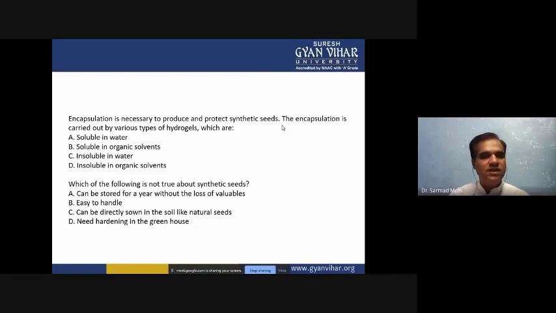Again, you have to select any correct answer. The next question: which of the following is not true about synthetic seeds? Option A, can be stored for a year without loss of viability. Option B, easy to handle. Option C, can be directly sown in the soil like natural seeds. Option D, needs hardening in the greenhouse.